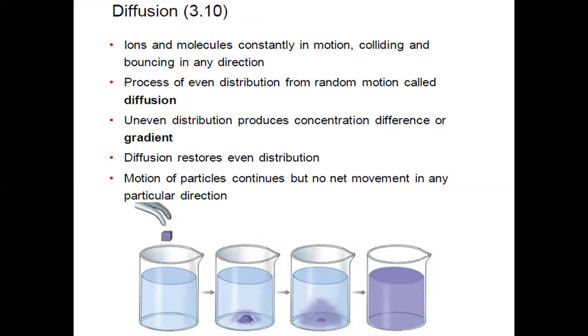If there's an uneven distribution, a gradient gets formed, typically based on concentration. Diffusion occurs down a concentration gradient, from an area of high concentration to an area of low concentration, and that's dependent upon the movement of the particles.